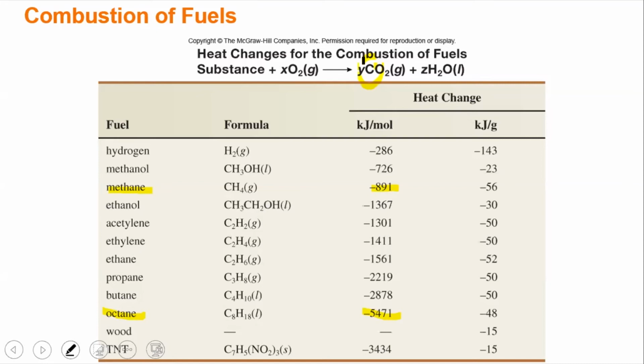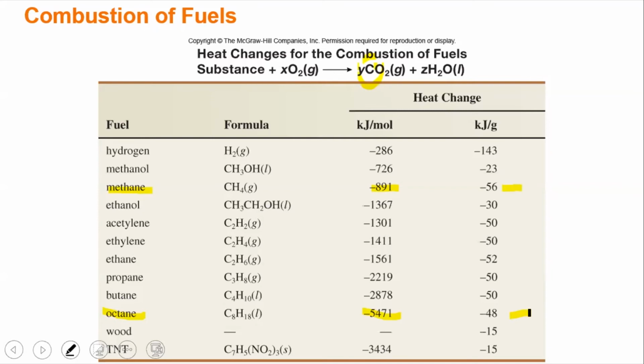And as you can see, when you calculate the kilojoules per gram, it's interesting that technically methane gives you a few more kilojoules per gram than octane. In other words, it's kind of like a lighter gas. And of course, if we could carry it in our tank, we don't want to do that. But if we could, we would love to do that.